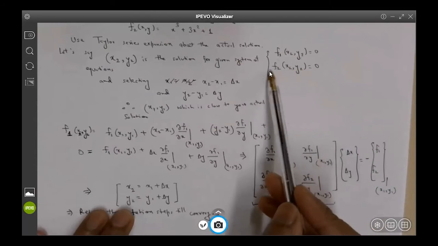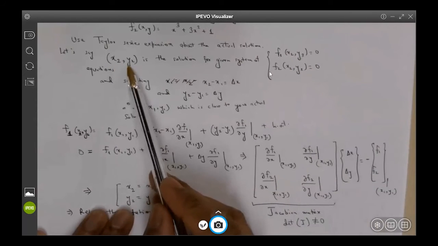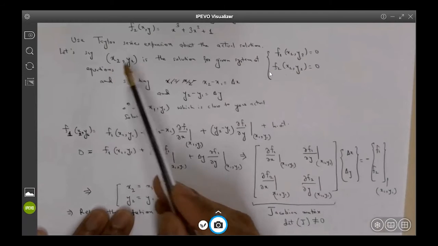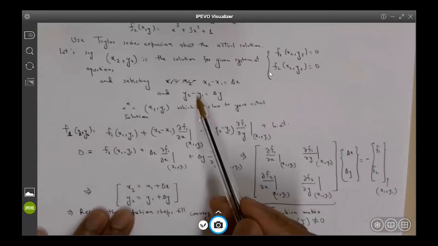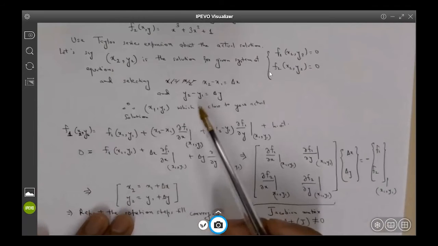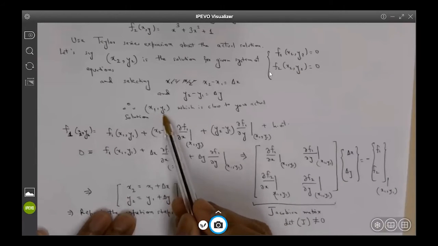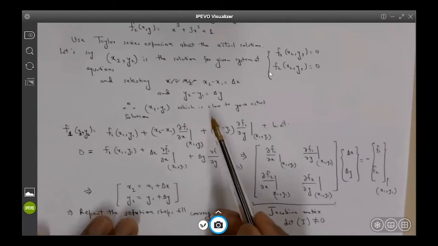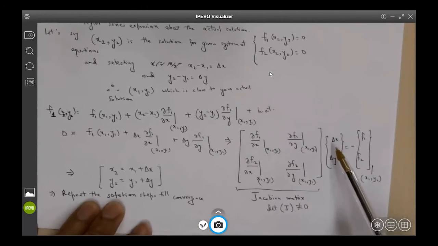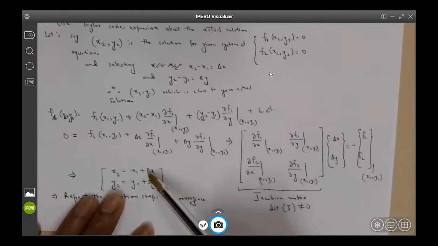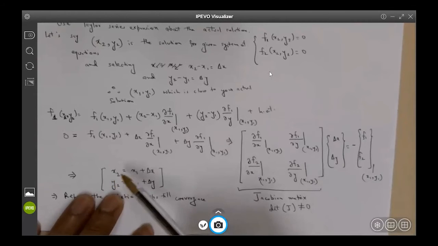Since we do not know what our actual solution x2, y2 is, what we do is guess x1, y1, which is near to the actual solution. We do not know where the solution is, but assuming we guess the values of x1, y1 near our exact solution, we do a Taylor series expansion and find out what the increment in x1 and y1 should be such that it gets closer and closer to the actual solution.